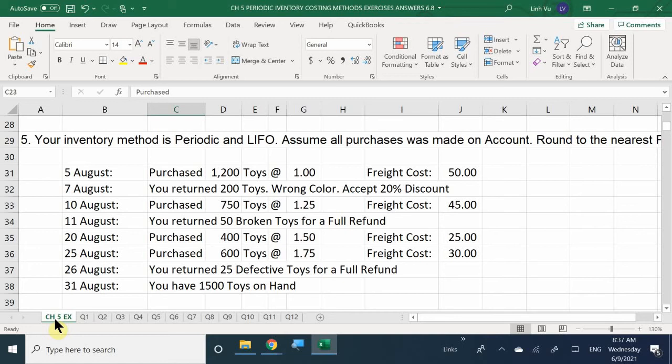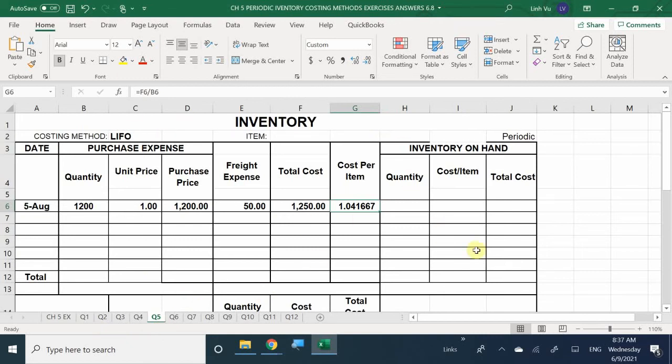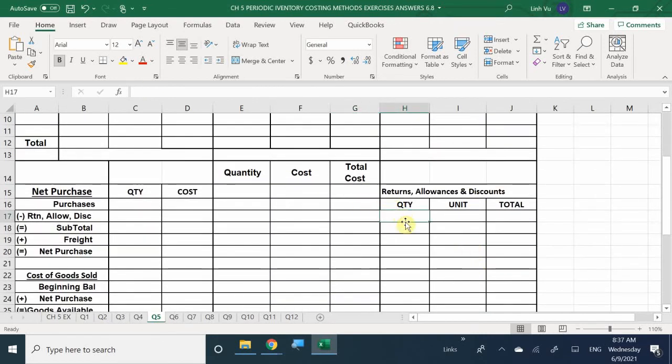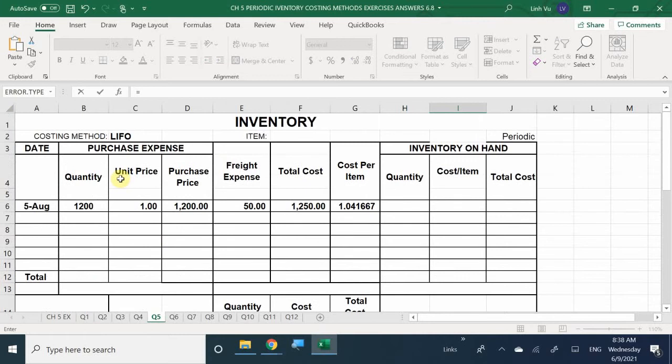Okay, hold on. Before we move on to the 10th, what happened on the 7th? Oh, so August 7, you returned 200 toys, wrong color, and accepted a 20% discount, so you really didn't return anything. You kept them. However, you still got a discount on those items. So we opened up the box and found that 200 of them were the wrong color. In this case, when we were making a return, how many items are we returning? 0. But at what cost? $1.